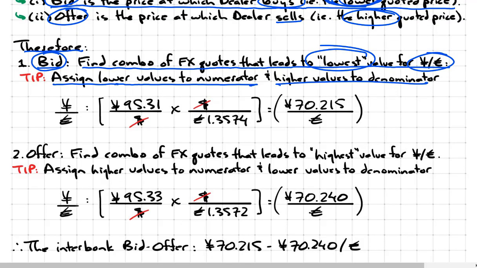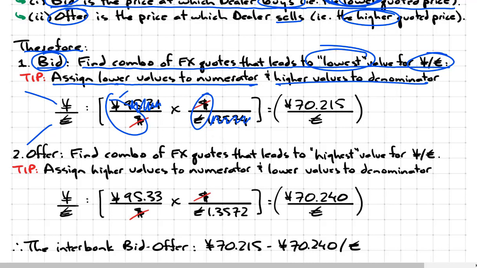Now, first of all, in this question, we want to find the yen to euro ratio. So we want the euro in the denominator and yen in the numerator. So the first thing I'm going to do is set up the currencies so that I get the desired numerator and denominator. Before I even look at the values, I want to set up my numerator and denominator. So you can see me doing that.